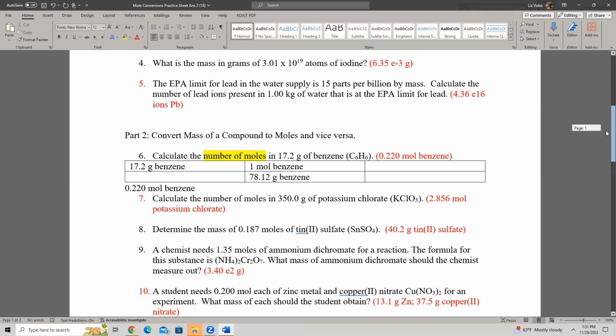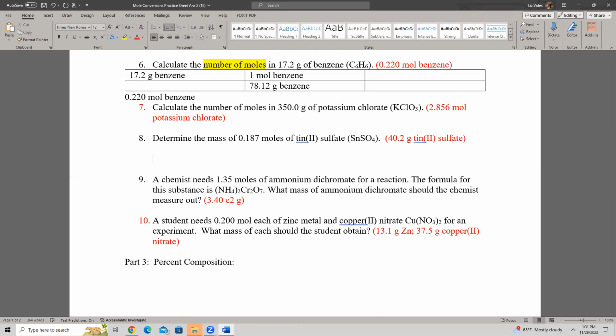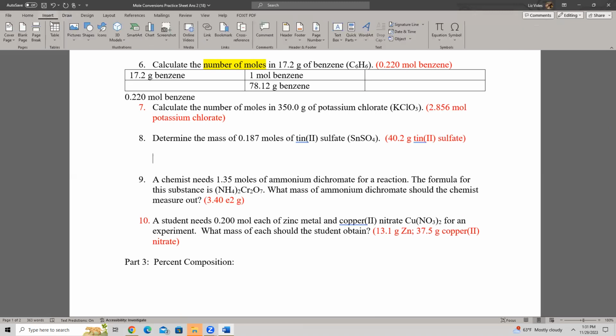All right, what if we're going the other way? What if we want the mass from a number of moles that we have? So let's do that one. Same thing, except backwards. Same concept.